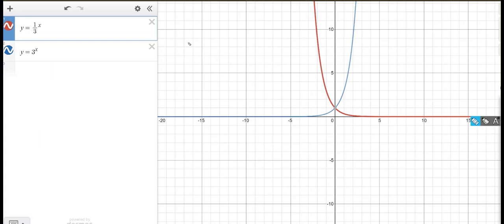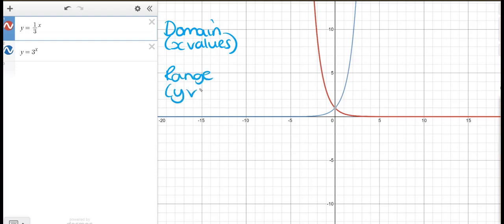Okay, so if we look at the domain, which we said is the x values, and we're going to find the range, which is for the y values. So we're going to be looking at the red graph. This is for decay, which is decreasing.